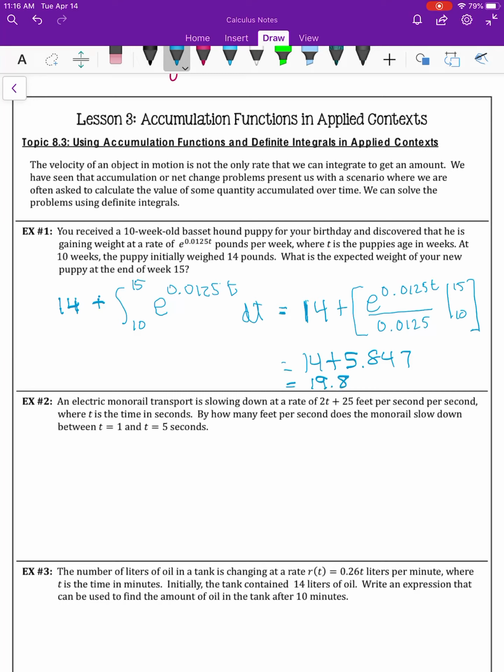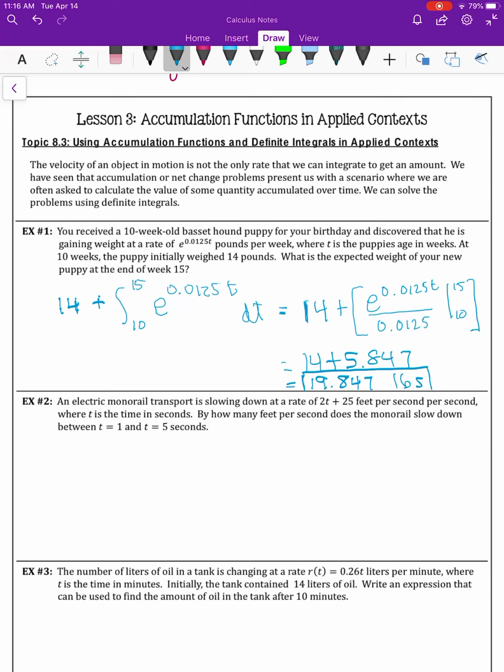But I got 5.847 there. So the proposed weight at the end of week 15 is 19.847 pounds.